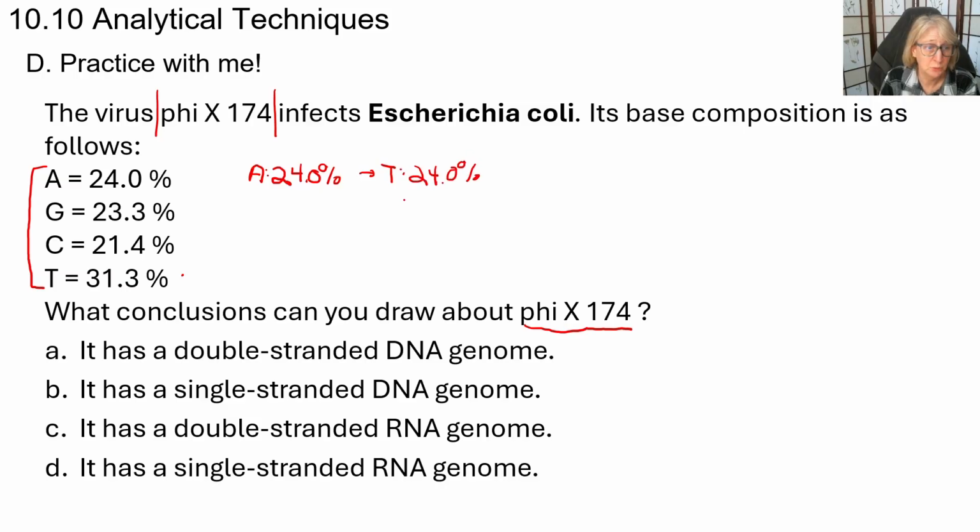That is not true here. In fact, these numbers don't relate to each other much at all. So this tells me that it's not in a double strand, because A does not appear to be binding with T, because they're not found in the same ratios.